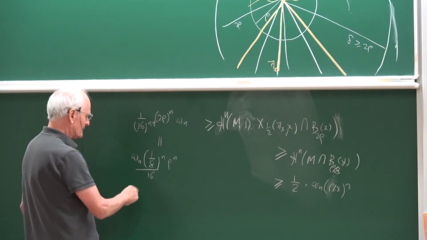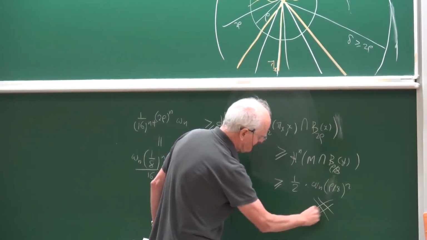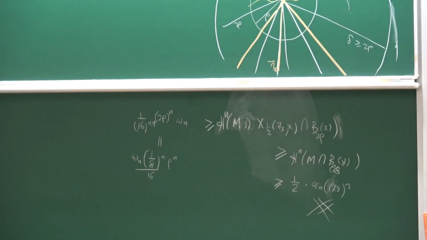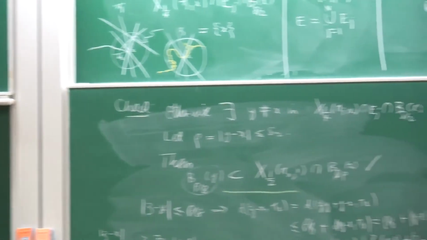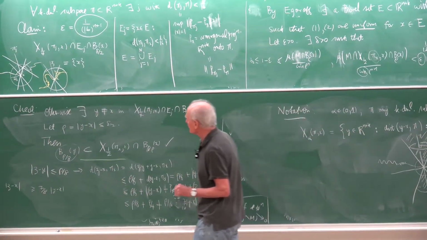So that's a contradiction. That's pretty tricky. I didn't think of it, but I think it goes back to maybe Federer, I'm not sure, who constructed this algorithm, very clever. If you follow the pictures, it's much easier to follow the rest, but the formalities do work out. And indeed, we have proved this.